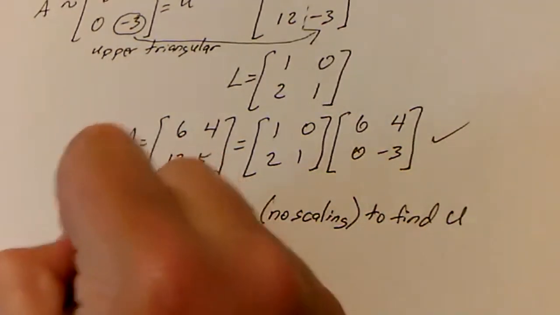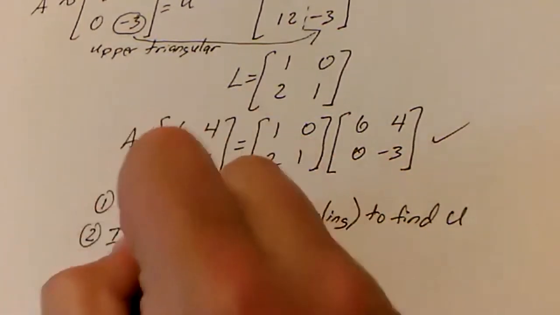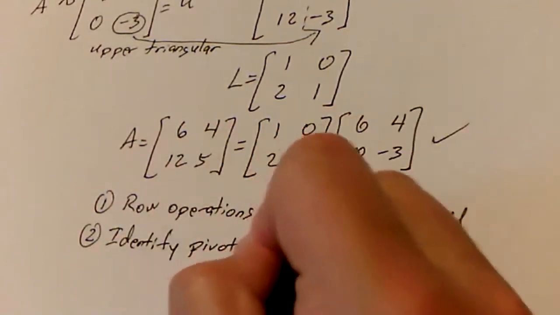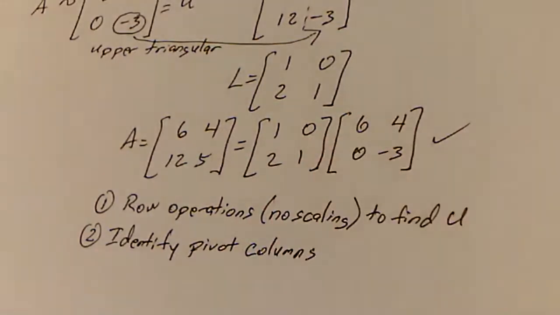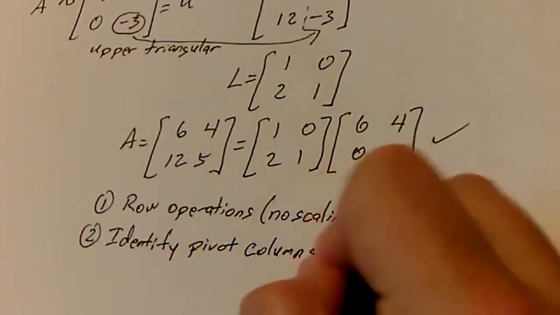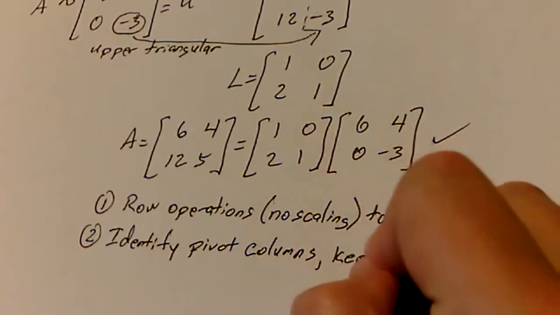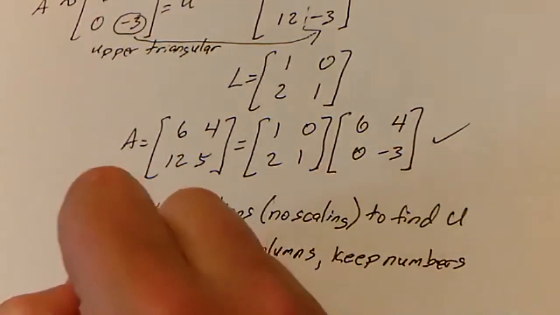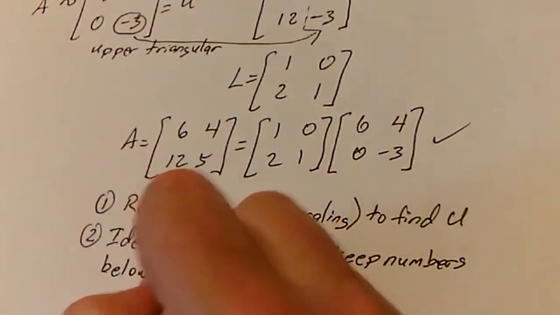Step 2, identify pivot columns. Keep numbers below the pivots.